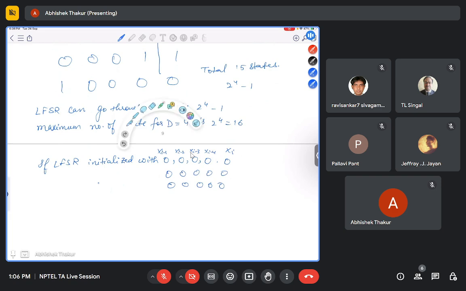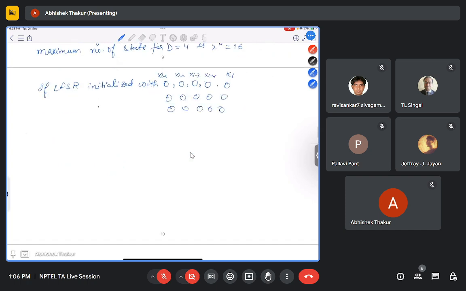Now there are three properties of PN sequences. First is the balanced property.